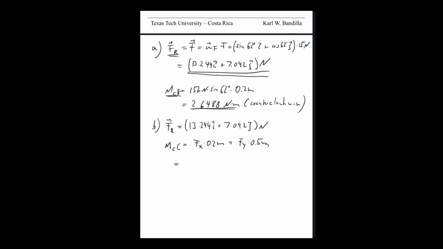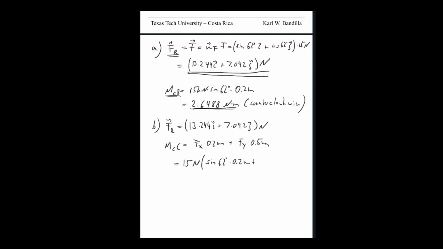So we can write 15 Newton times sine 62 degrees times 0.2 meters. Let's not get too fancy here, just regular newtons. That's my Fx.